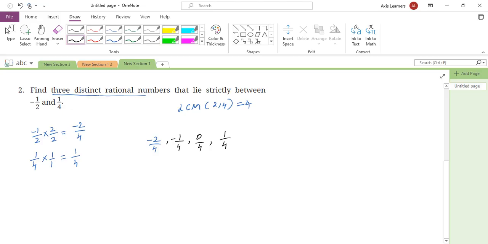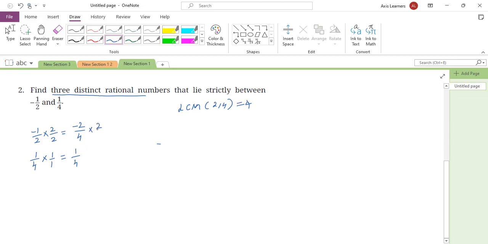Look at this, we need to write three distinct rational numbers, but if you take the same denominator, we will get only two numbers. So what we should do, we can multiply this number by 2 so that the value remains same. We will follow a different method. The techniques are there in the next exercise. Now I will tell you.